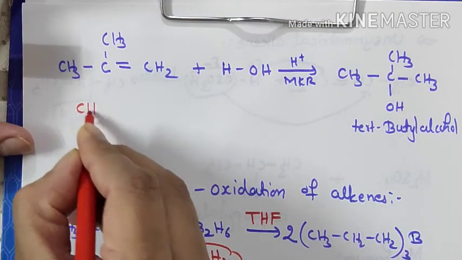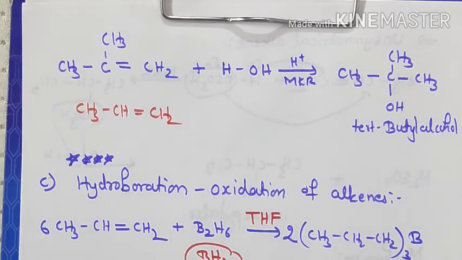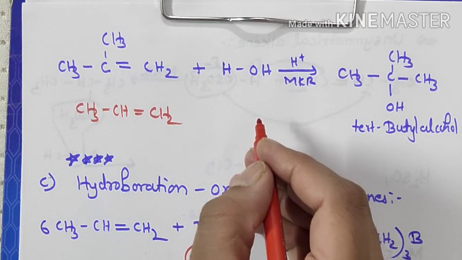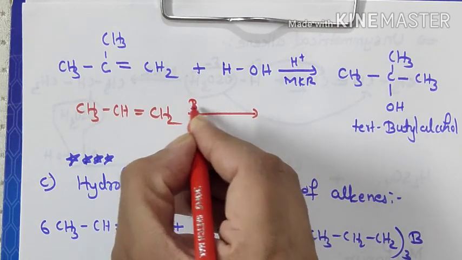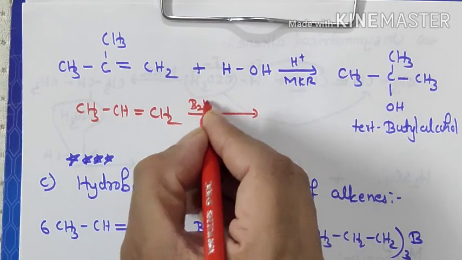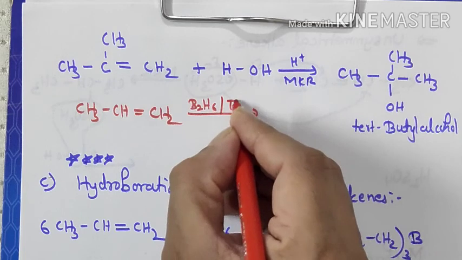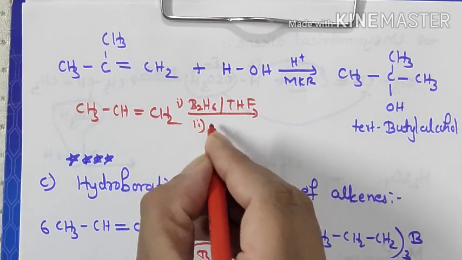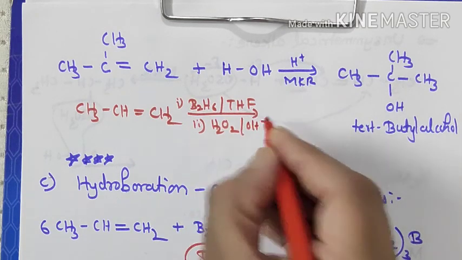Suppose CH3 CH double bond CH2, right? This is what is given, and it is written like this: B2H6, or they may write BH3, THF. First step. Second step, they write H2O2, OH minus.